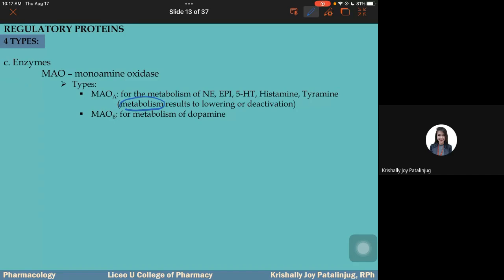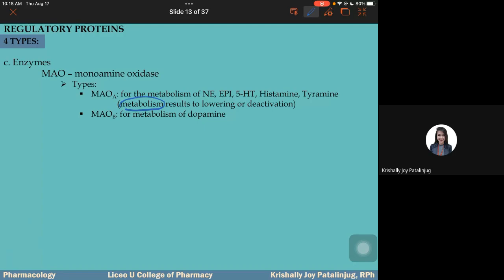Kasi we have that prodrugs na they really require metabolism to activate, to release their active form. Okay? But in general, I'm talking about the general nga concept about metabolism. It's about inactivation, lowering of a particular substance. Okay, so please take note of that.